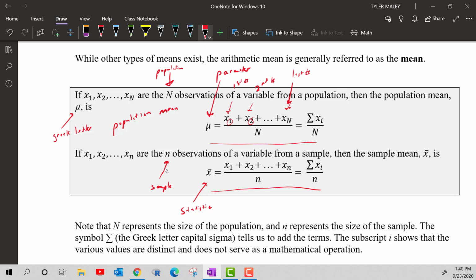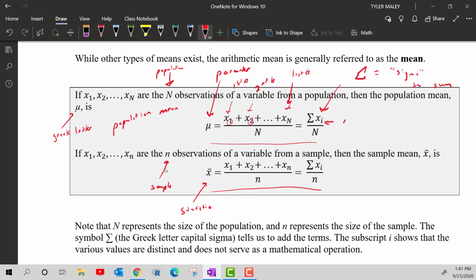And then this fancy notation, this E-looking thing, it looks like this, this is called sigma. And it literally means to sum, when you see that in mathematics. So a shorthand way to write x1 plus x2 plus dot dot dot x sub n, you can just write that as sigma x sub i, where i is going to change.